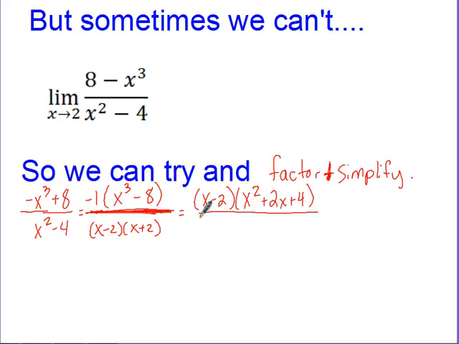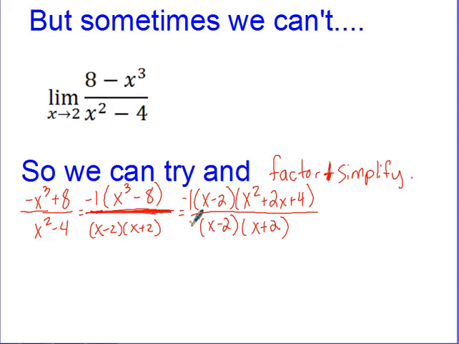All of that over x minus 2, x plus 2. And thank you, don't forget that negative 1 that we took out a minute ago. It does make a difference, okay? So now, remember, what was the whole point? We're going to factor and simplify, and we're trying to simplify to the point of what?